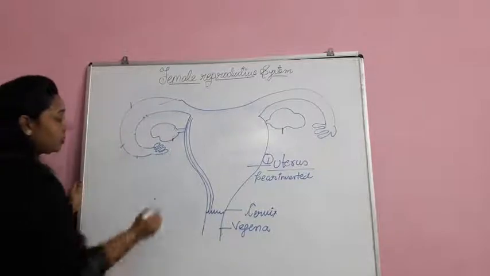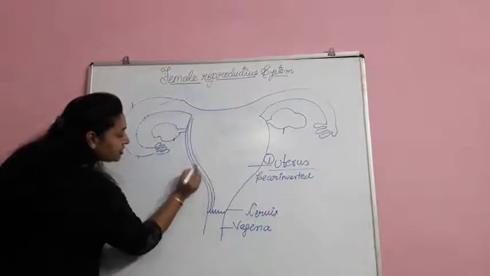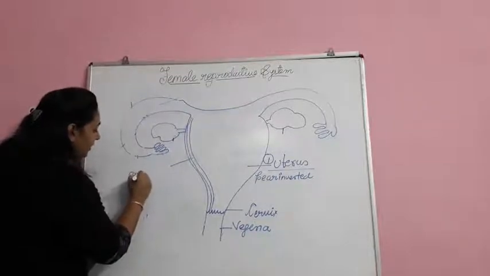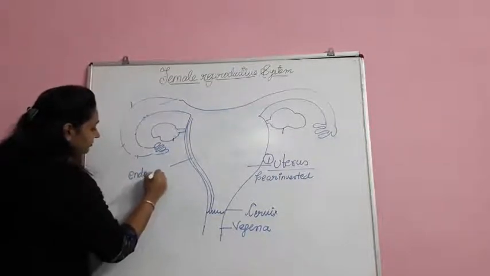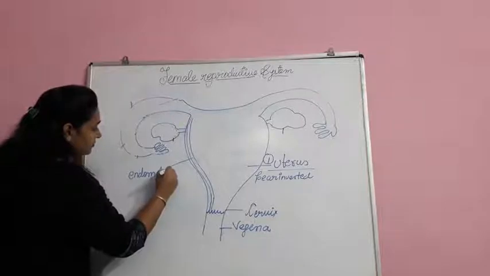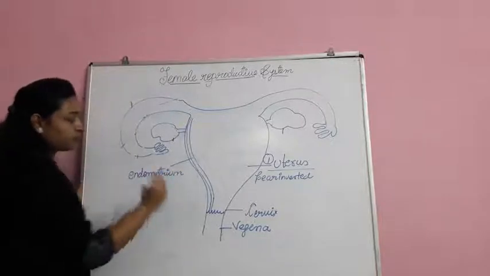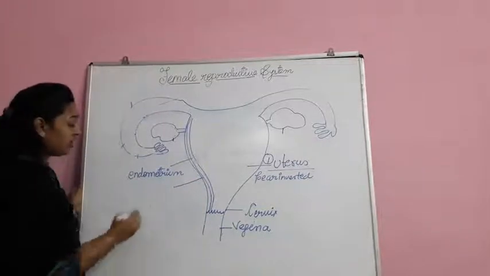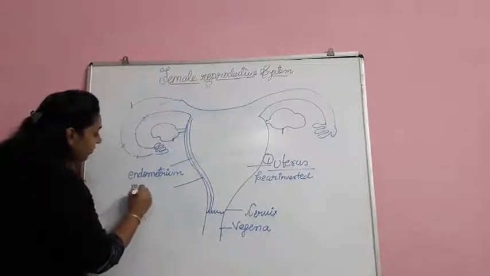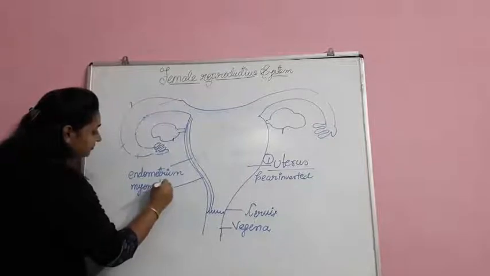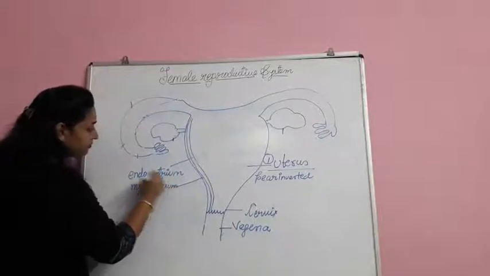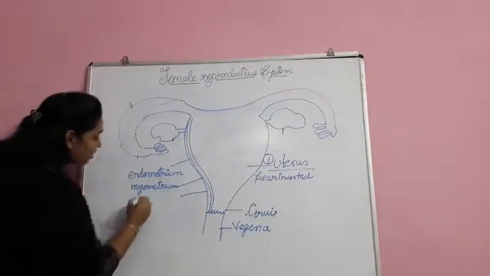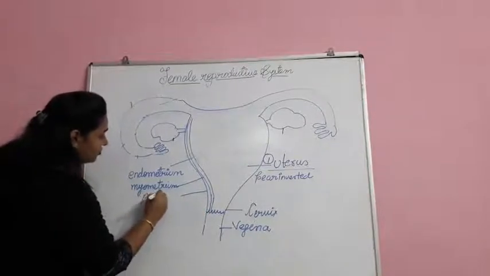The inner layer, which is here, is called the endometrium. The middle or second one is called the myometrium, and the third one, the outer and last one, is called the perimetrium.